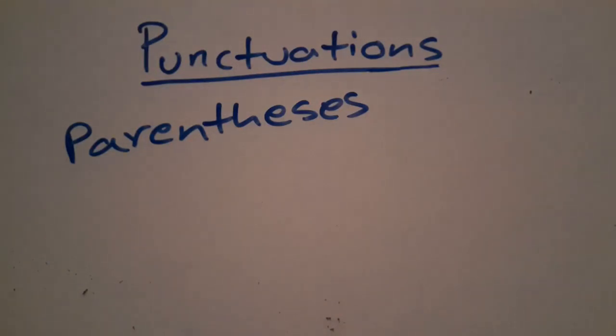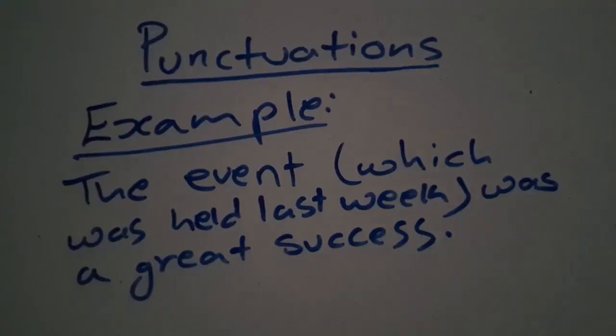For example, the event (which was held last week) was a great success. So when we look at what is in the parentheses, or rather, as you may know, in the brackets, that is additional explanatory information.